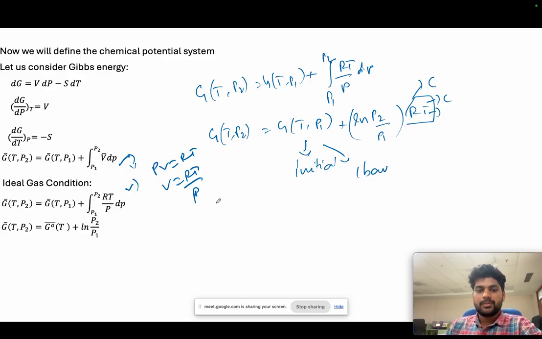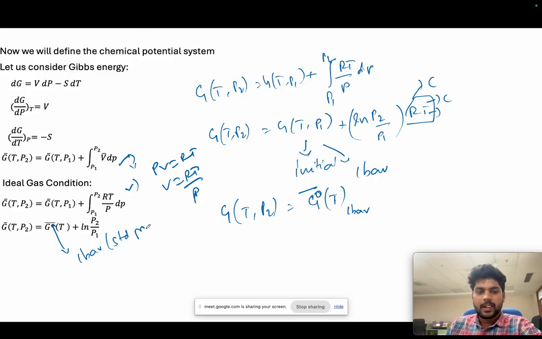So it will become G of T, P2 equal to G of T at 1 bar. You should remember this, at 1 bar. So that's why we are writing G naught. The superscript degree denotes 1 bar, the standard pressure. That is what we have discussed as the initial point.